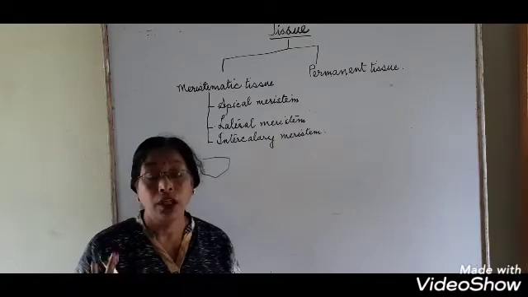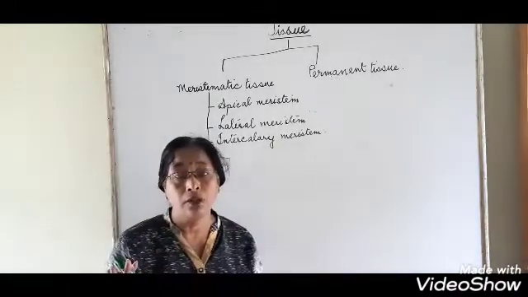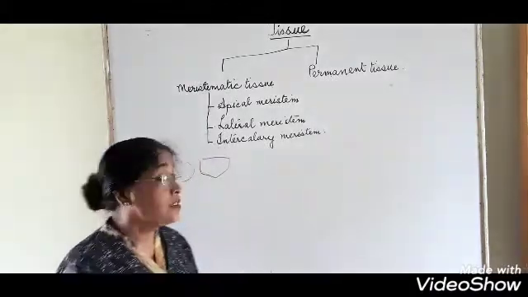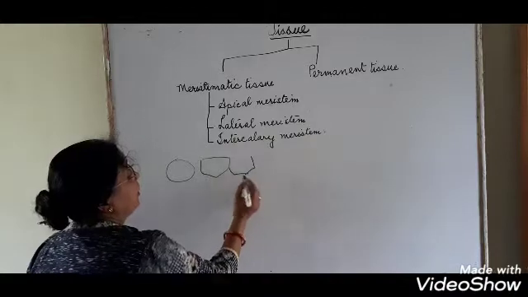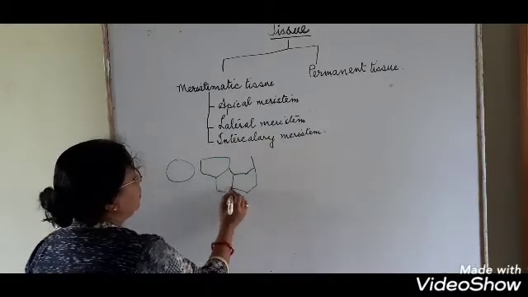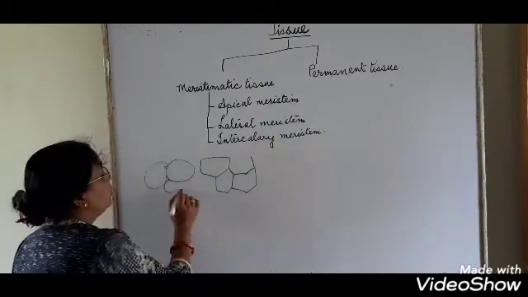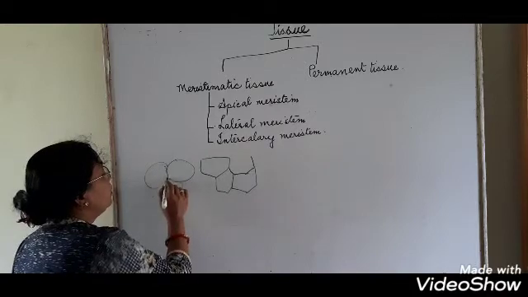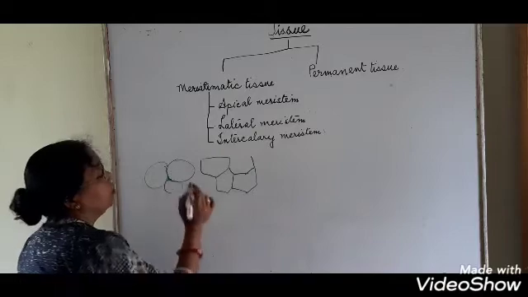They do not have intercellular spaces between the cells. The cells are compact. So even if they are polygonal, there will be no intercellular space.